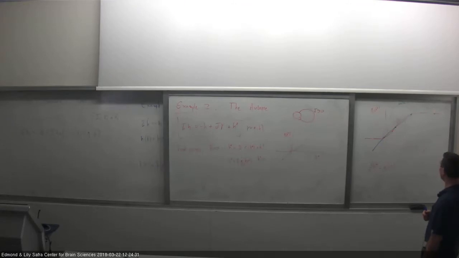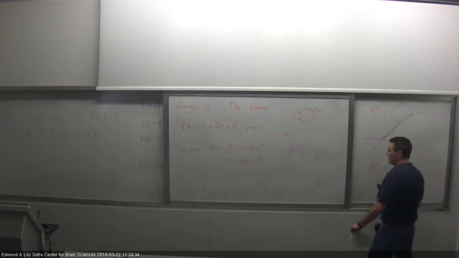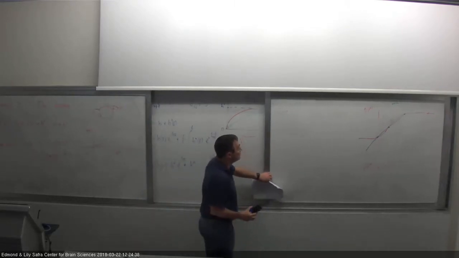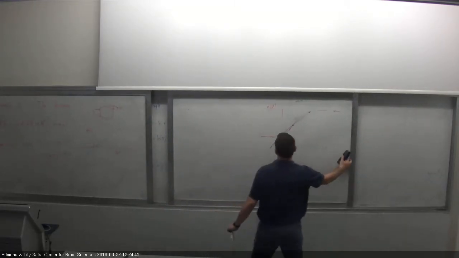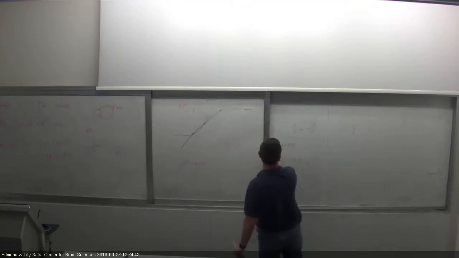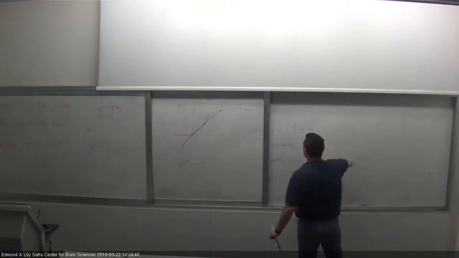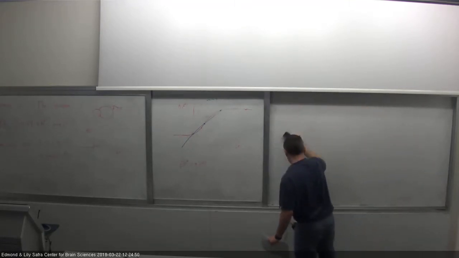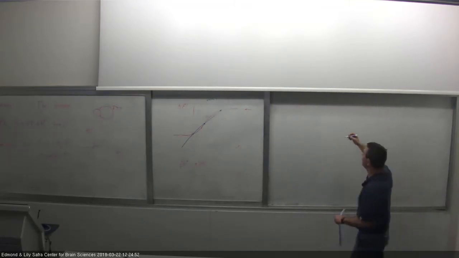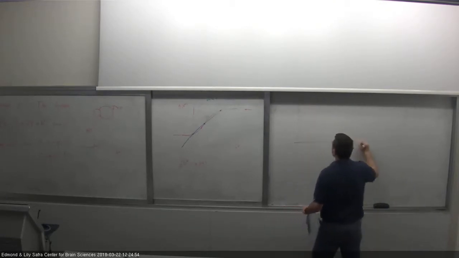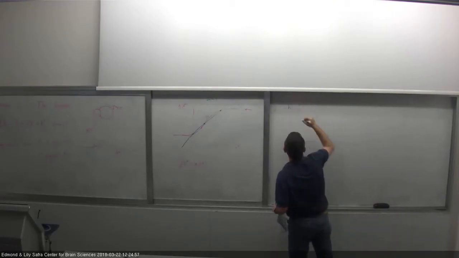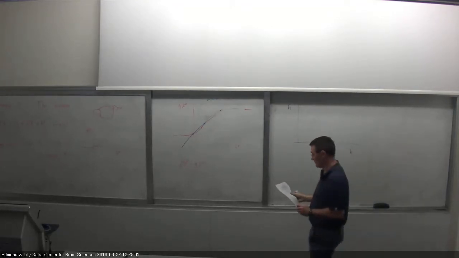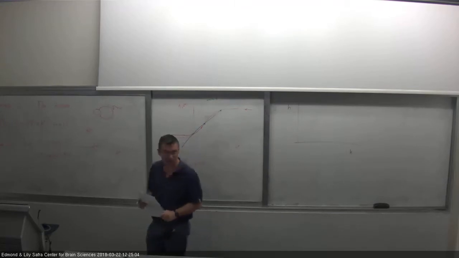So in order to analyze the stability, we need to plot h dot as a function of h.